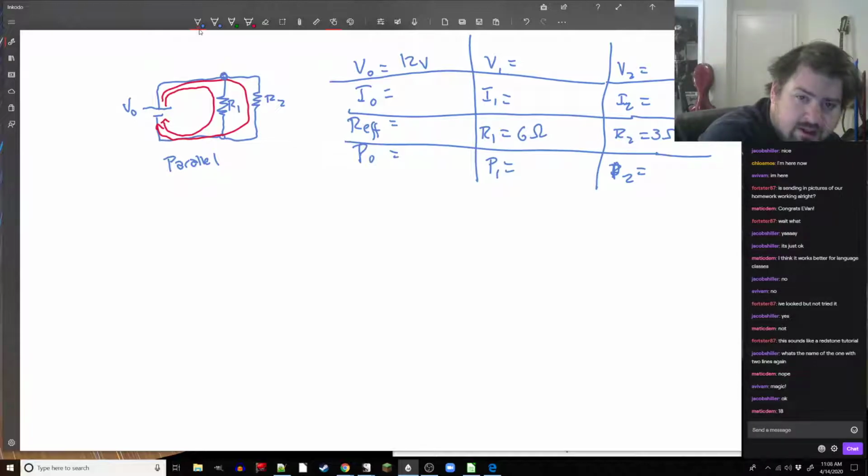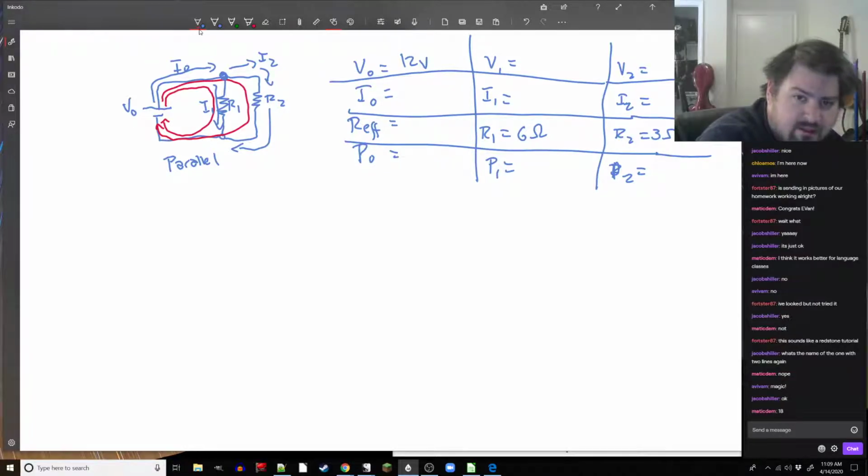the amount of current, I0, flowing from the voltage source goes here. It then splits into two parts, which we're going to call I2, because it goes to resistor 2, and I1 here. I1 plus I2, coming from I0 and splitting off at this junction, have to add back up to I0, right?